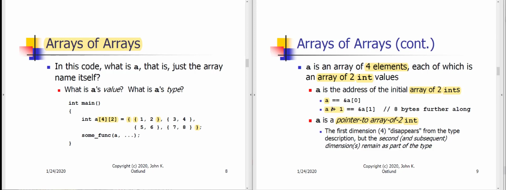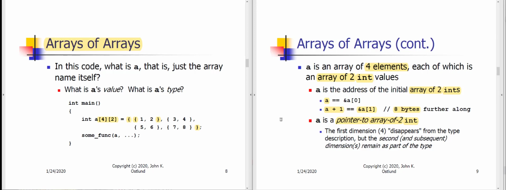That is, if I start at the address A, that is the pointer to the initial array of 2 ints, and I add 1, what I'm going to get is the address of the sub1 element of A. Since each element of A is an array of 2 ints, and since each int is 4 bytes wide, the numerical value of A plus 1 is actually 8 bytes in memory further along from the address of the beginning of the array A.